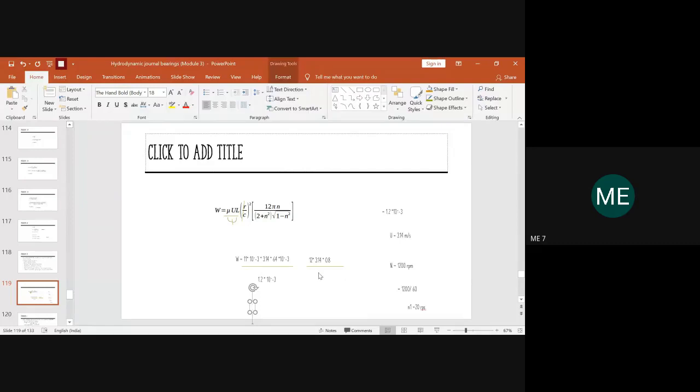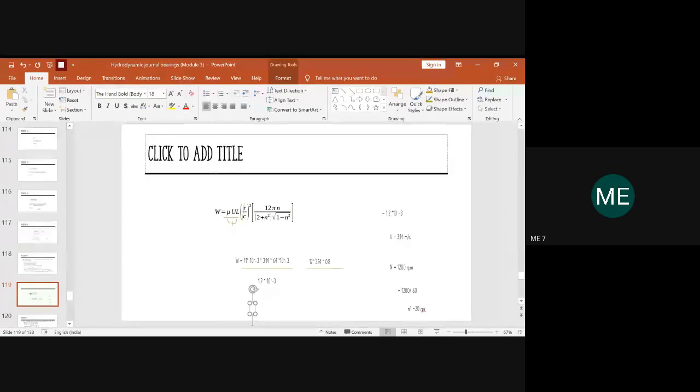It is 2 plus 0.8 whole square into root of 1 minus 0.8 whole square. What is the answer you get?